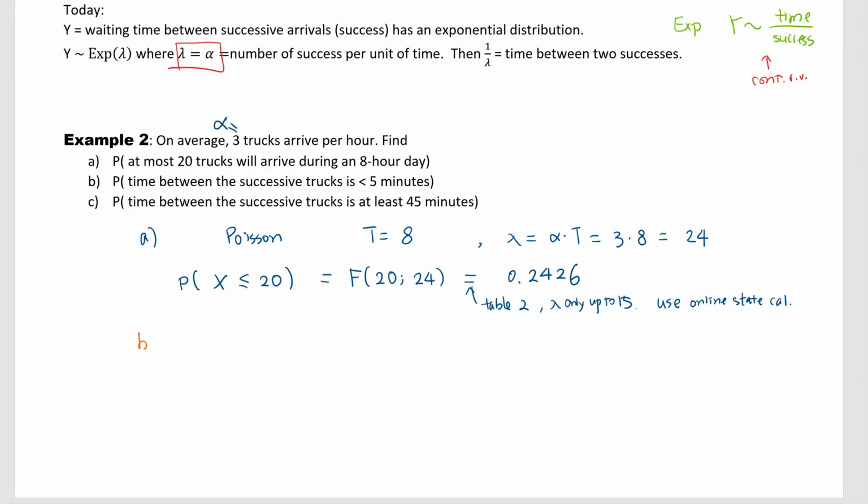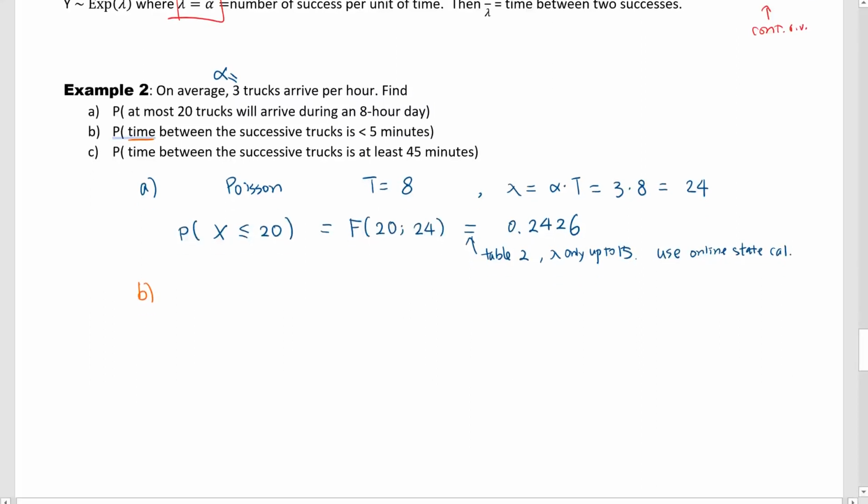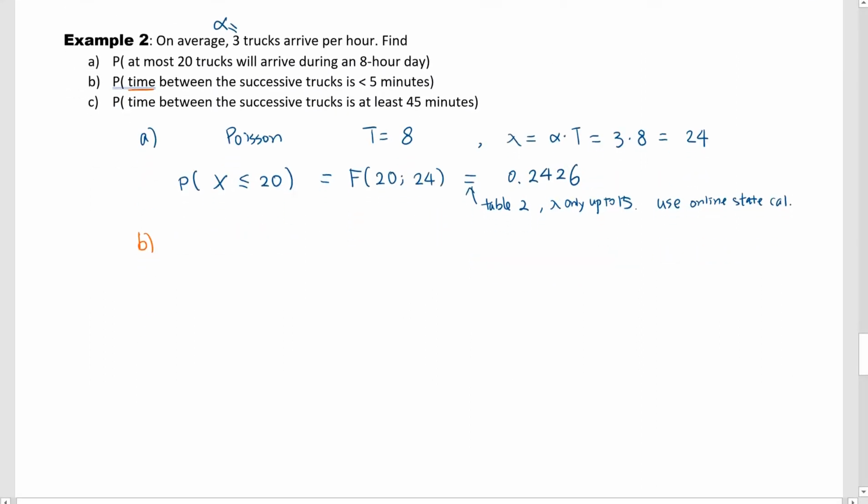For part B, we're looking for the probability that the time between successive trucks is less than 5 minutes. Well, that is the time. If the problem is asking for the time between successive arrivals, then we use the exponential distribution with lambda equal to alpha.